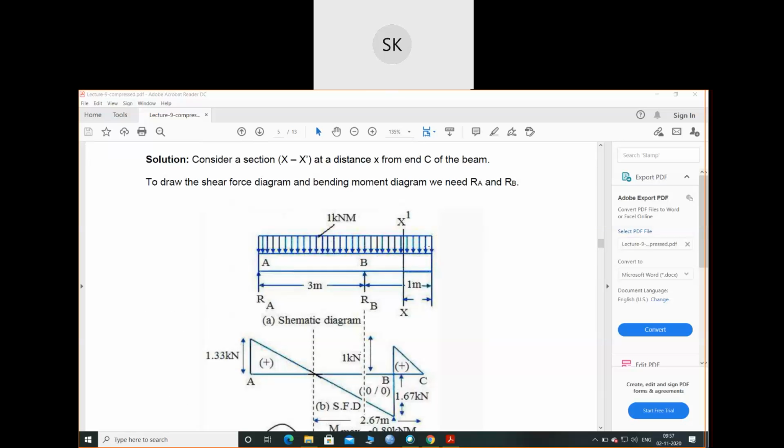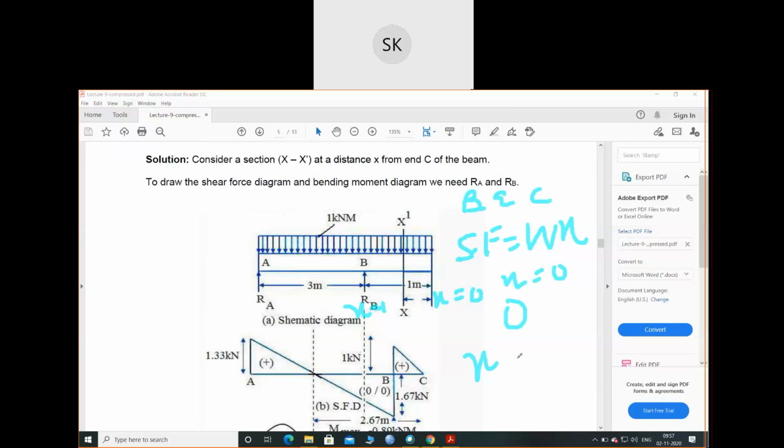At this point, between B and C, there will be two boundary conditions. Between B and C, my shear force equation will be W into x. At x equals to 0, my shear force will be 0.